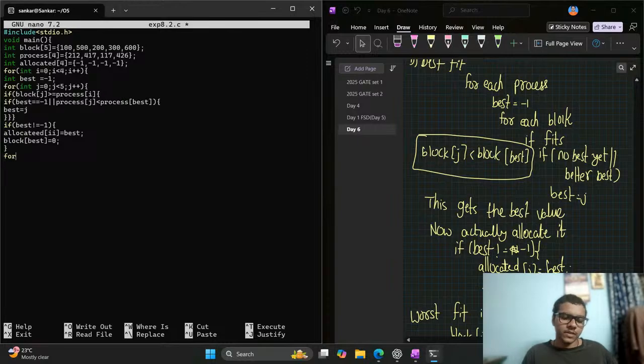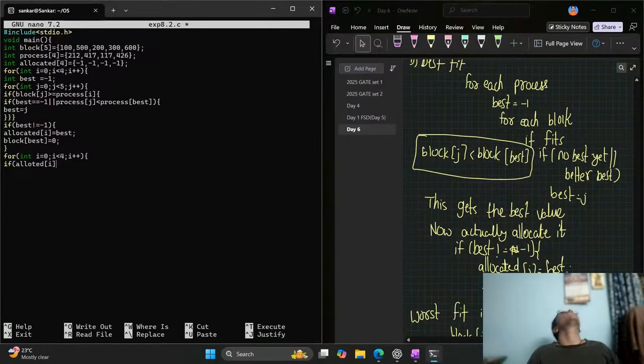And now just print it. If, alright, they are allocated, don't worry. Allocated spelling is wrong, and if you click it twice, it will just cause errors.